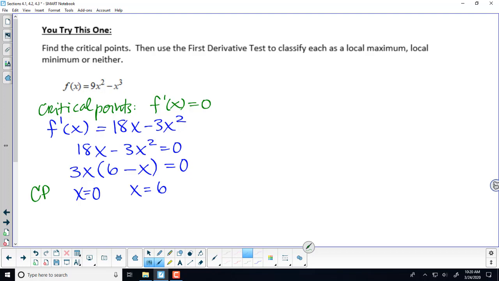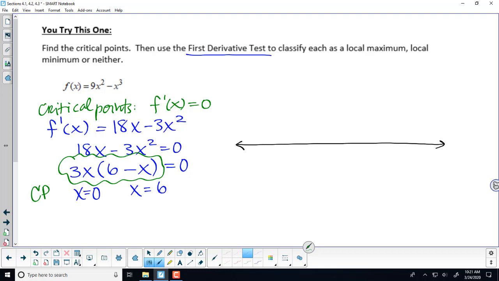All right, so what do we need to do? We need to use the first derivative test. So at each critical point, we would like to know if the first derivative changes its sign. Okay, so my first derivative, I like to use the factored form when doing the test. That's up to you. All right, so I've got 0 and I've got 6. And I'm going to choose a test value in each interval.